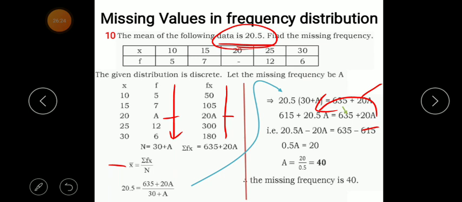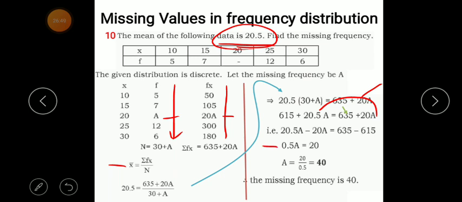So 20.5a minus 20a is 0.5a here, and on the right hand side 635 is already there. This 615 becomes minus 615 when it goes across, so 635 minus 615 is 20. So what we are getting is 0.5a equal to 20.